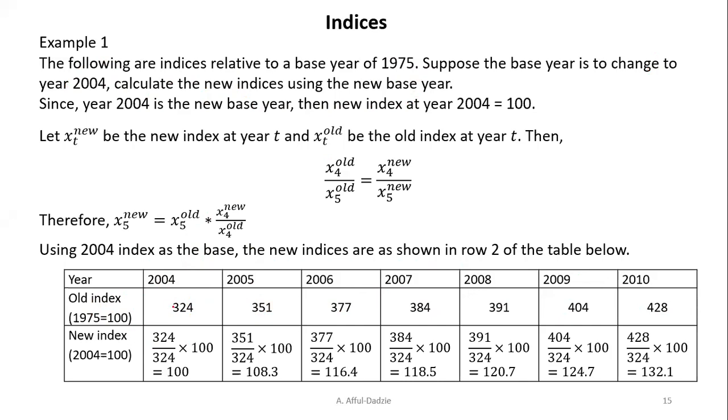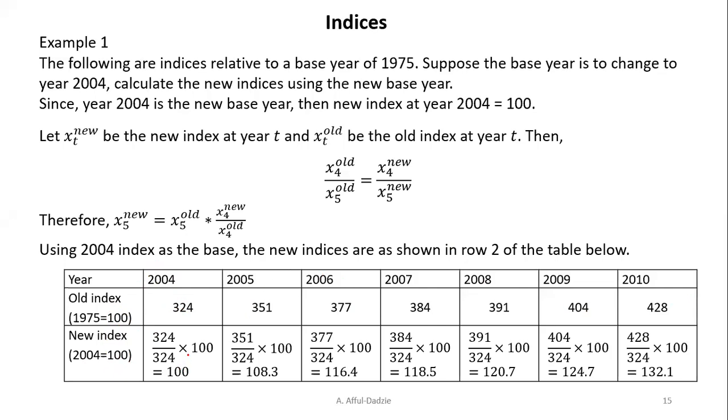We are no longer going to use the value at 1975. The index at 1975 is 100. If we find the new index at 2004, it will also be 100. Because the value at 2004 is 324, we are now going to use 324 as the fixed base to calculate the index for all of these.